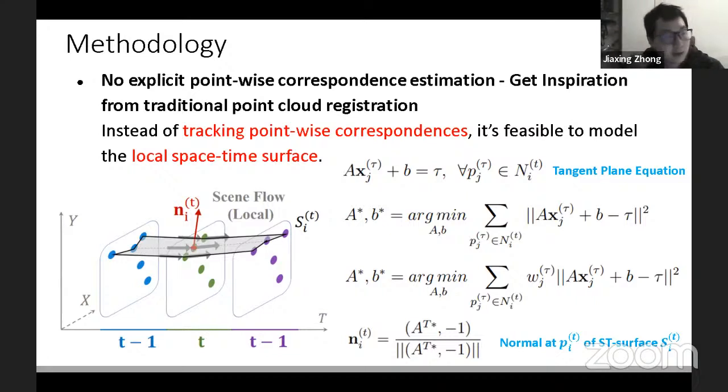They are close to each other in the spatial domain as well as the temporal domain. But in practice, we take the same sampling strategy as the static point cloud convolutions.